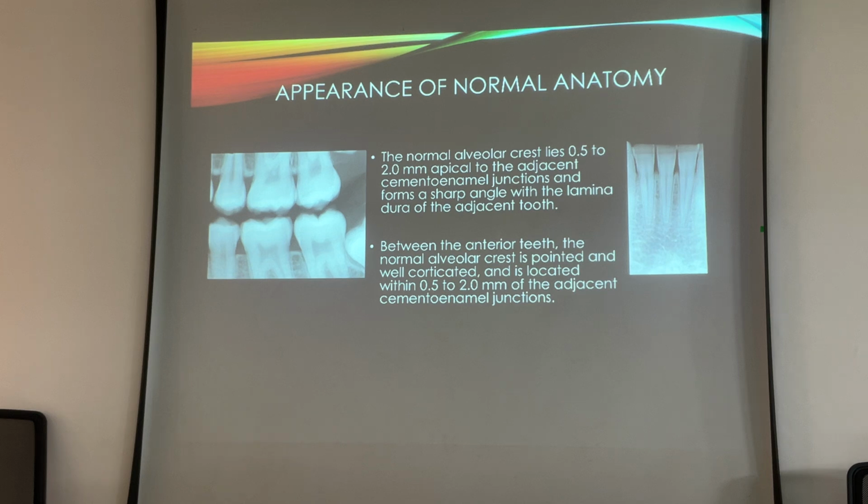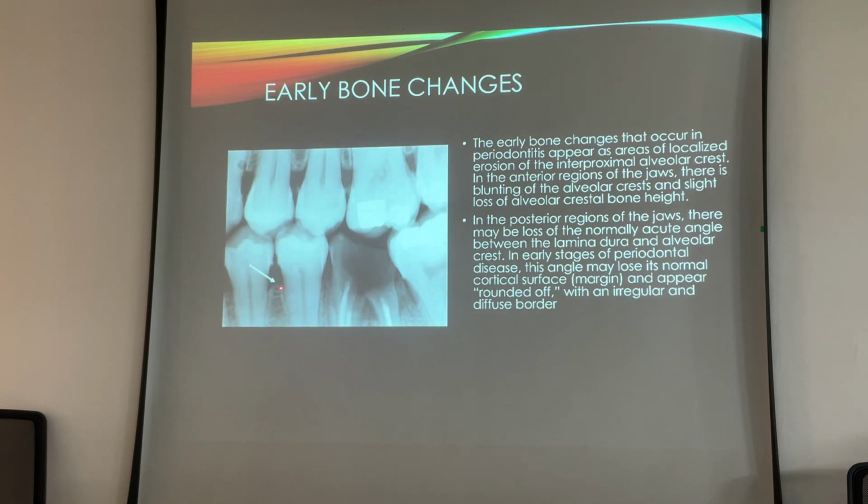Okay, the next one is the early bone changes, which is mild. The early bone changes that occur in periodontitis appear as areas of localized erosion of the interproximal alveolar crest. In the anterior region of the jaws, there's blunting of the alveolar crest and slight loss of alveolar crestal bone height. It's like this, as I said before.